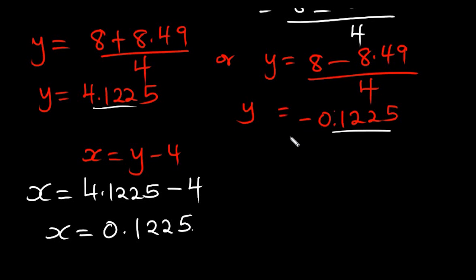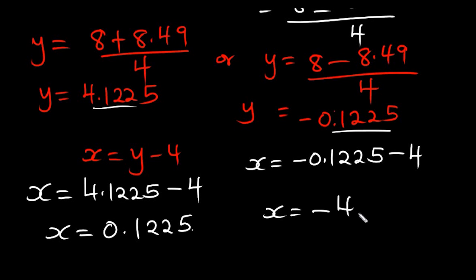And when y is negative 0.1225, x would be negative 0.1225 take away 4, and that would be equal to negative 4.1225.